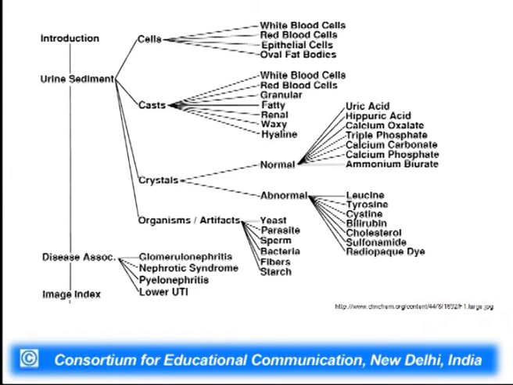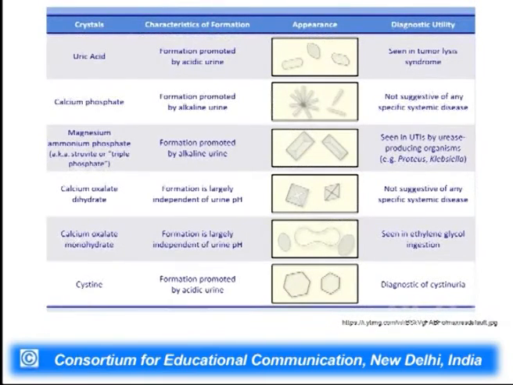Microorganisms that can be observed include yeast, parasites, sperms, bacteria, fibers or starch. With these findings in the urine analysis, the patient might be suffering from glomerulonephritis or nephrotic syndrome, which are kidney disorders, or lower UTIs also.